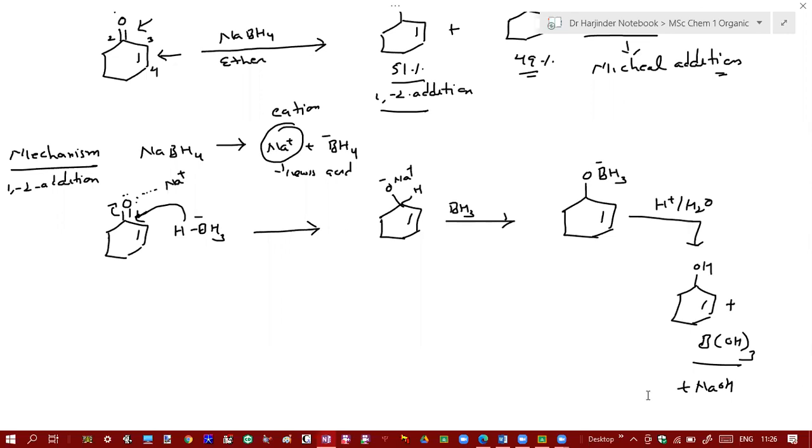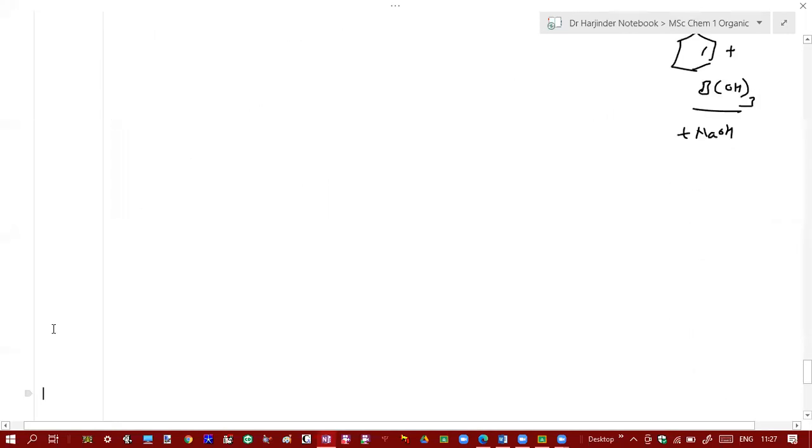Now, what will be 1,4 addition? Yes, beta, what will happen in that case? So again, you have an alpha beta unsaturated carbonyl compound.